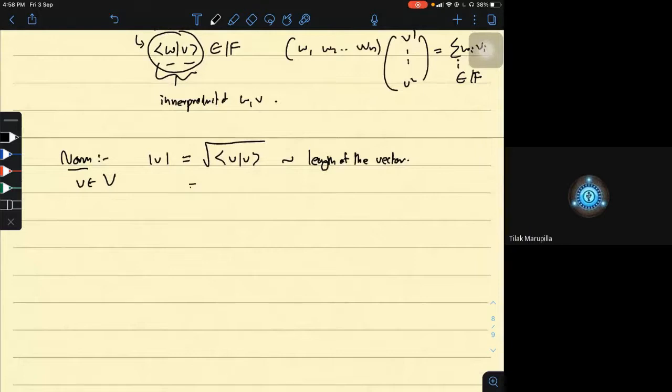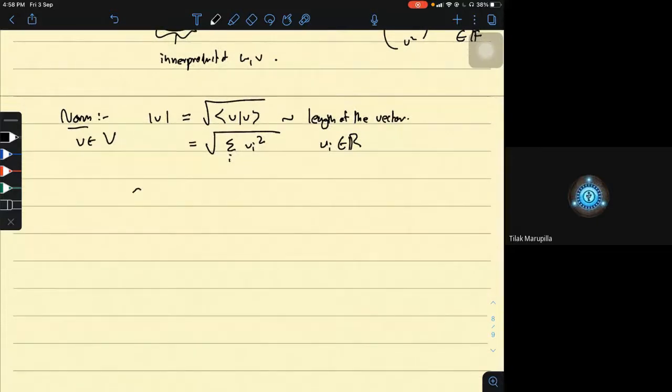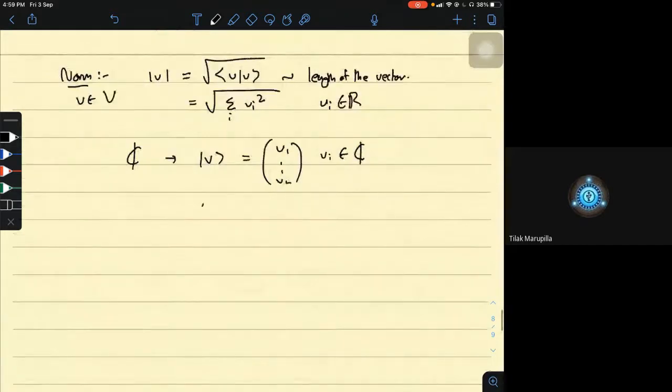For our standard inner product, this will basically be the square root of the sum of Vi squared if Vi belongs to the reals. And for complex vectors, say my vector is given by V1 till Vn, where Vi belongs to the complex numbers, its dual, or Hermitian conjugate as it's usually called, will be a row vector given by the complex conjugate of all its elements.